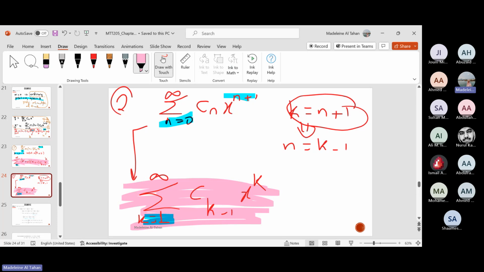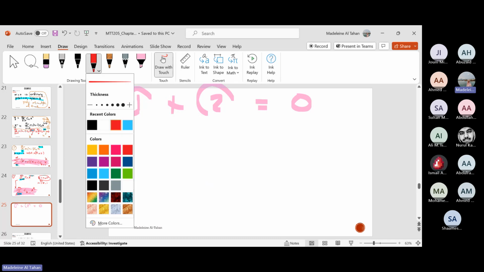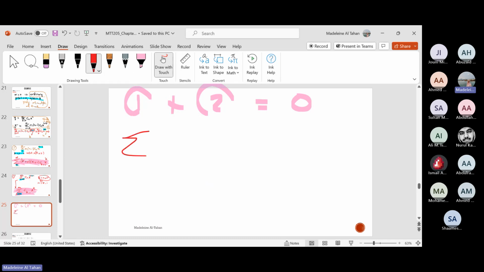So we need to substitute now. Instead of the old series, we had series 1 plus series 2 equal to 0. So what will we get now by substituting? Series 1 is sum from 0 to infinity, k plus 2, k plus 1, c k plus 2, x to the k.